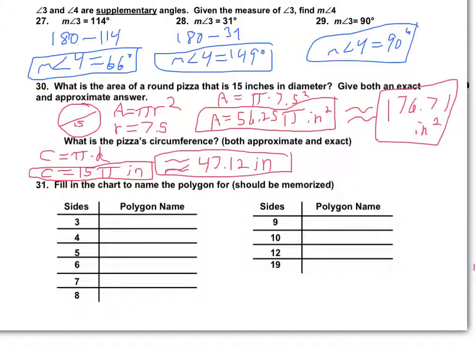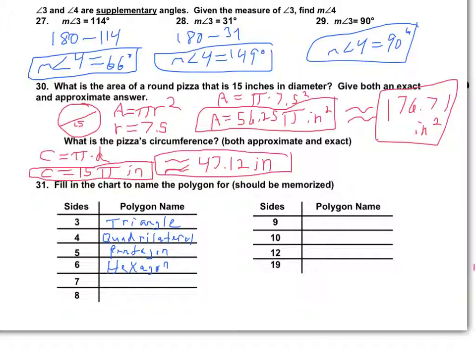Okay, at the bottom of this page, we want you to know, as in memorize, some common polygon names. So, a 3-sided polygon, that is a triangle. A 4-sided polygon is called a quadrilateral. A 5-sided is a pentagon. A 6-sided is a hexagon.